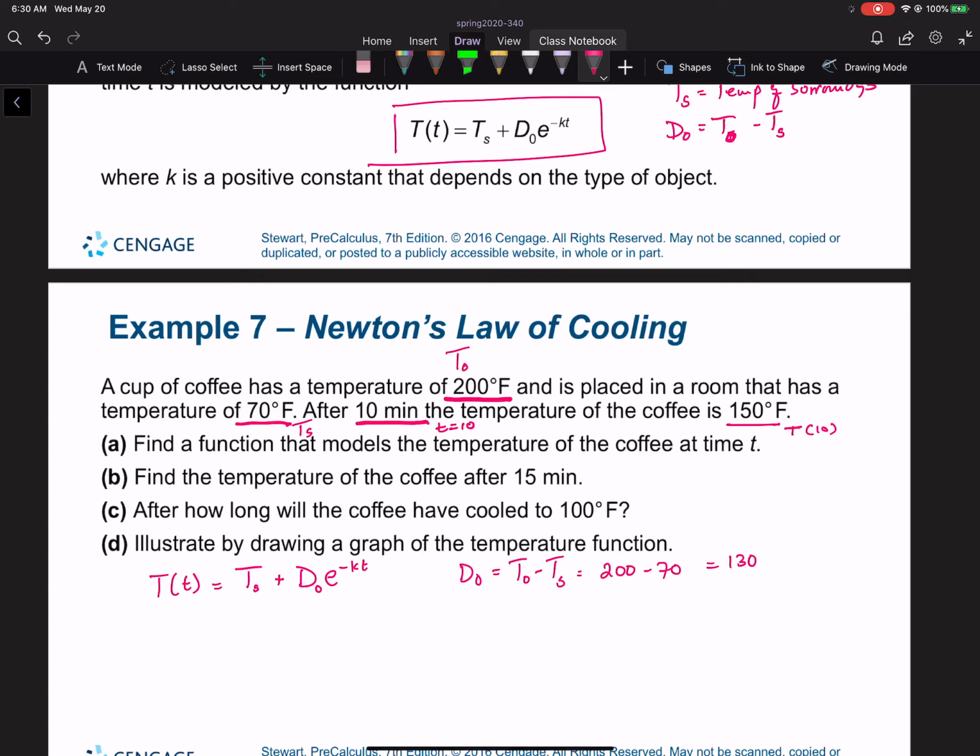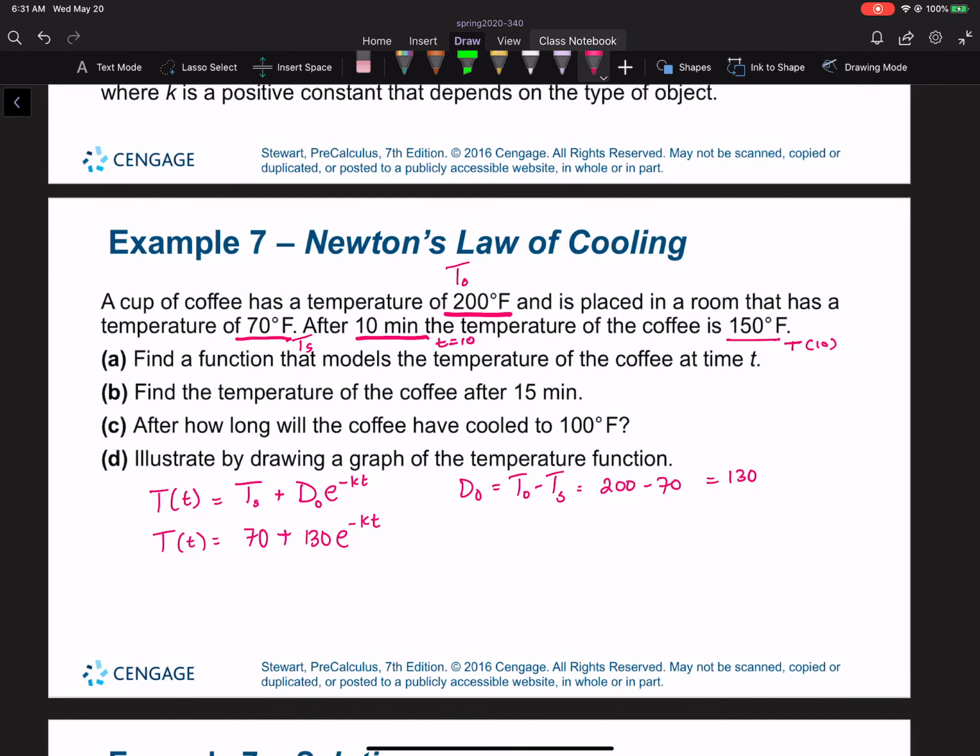We also know what Ts is. So the definition so far is 70 plus 130 e to the negative kt. The only thing missing is k, which is supposed to be positive and represents the decay rate in this problem.